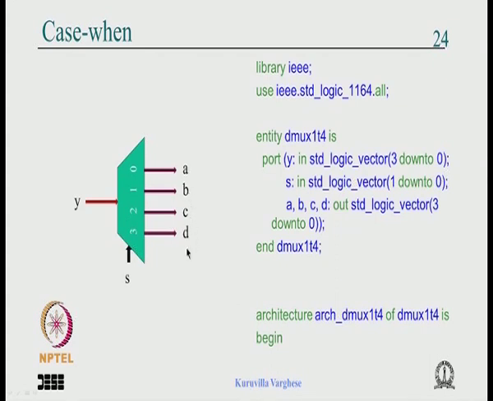We have 4 outputs, so when we write a case statement, for each choice we have to specify all the outputs. A, B, C, D have to be assigned for each value of S: 0 0, 0 1, 1 0 and 1 1. So that is what we are going to do.